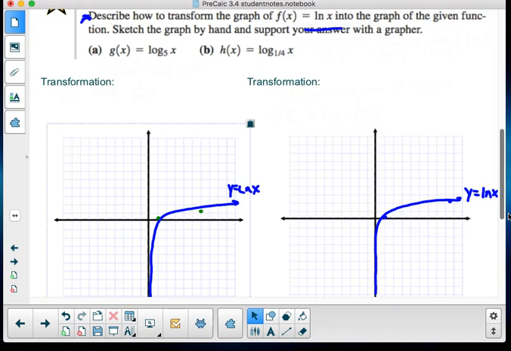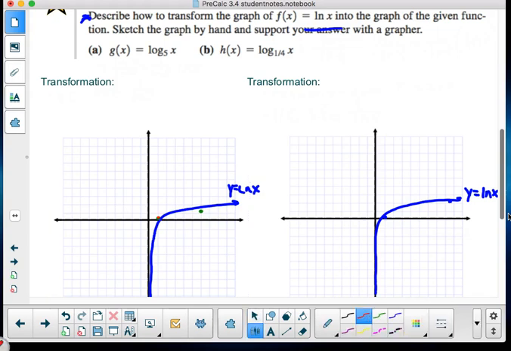Okay, so the natural log of x will cross the graph at 1, 0. It will also come across at a little less than 3, 1, because remember it's 2.718, my e, so it'll be a little less than 3, about here.